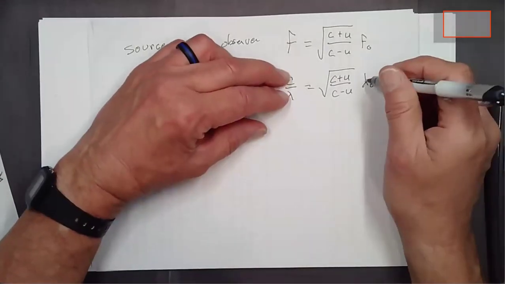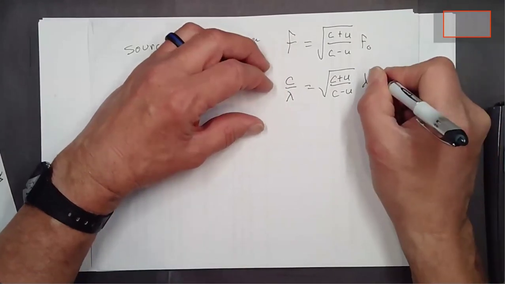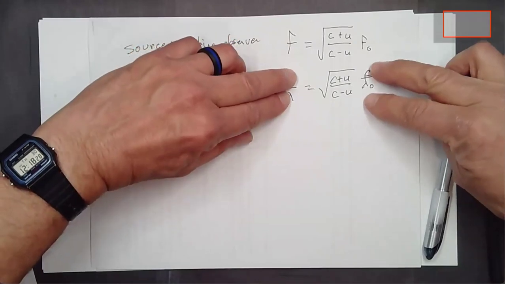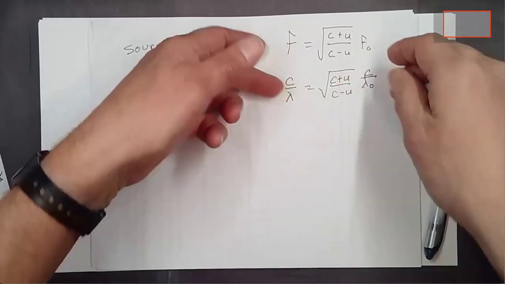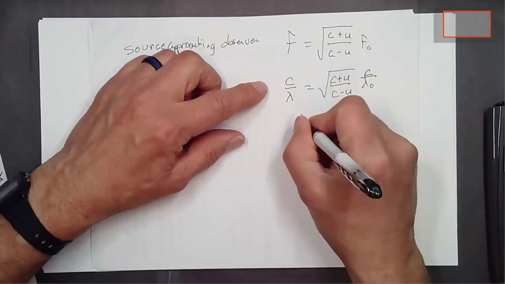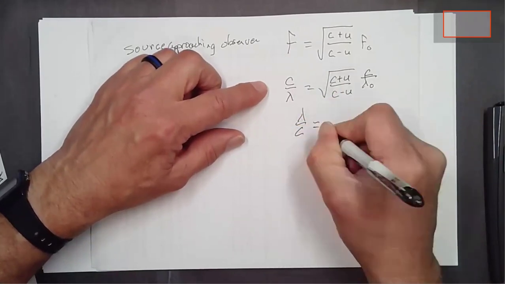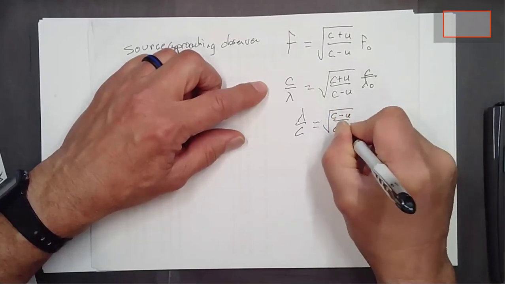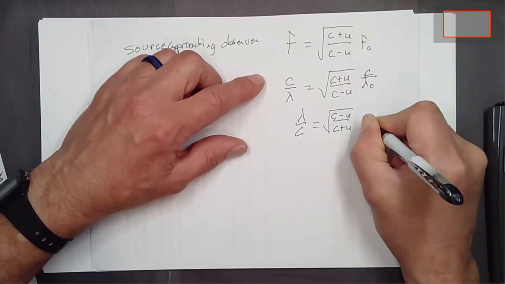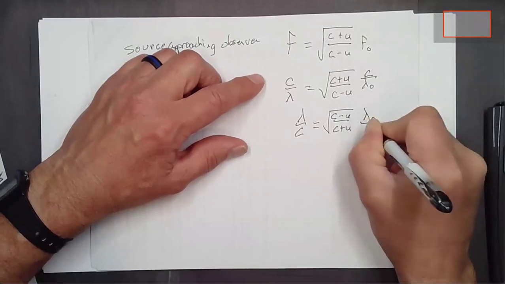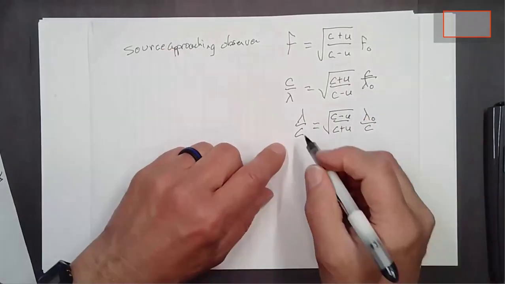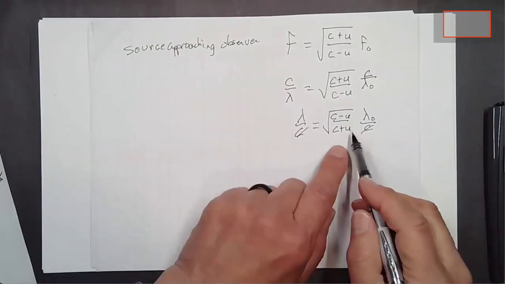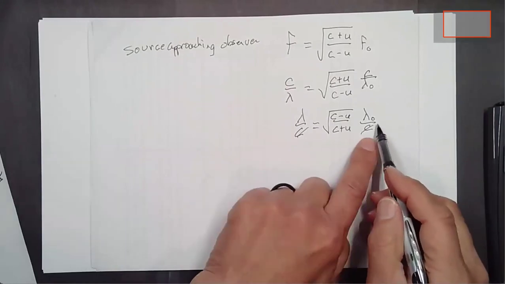We've got fractions on each side, so we can just flip everything and we get lambda over C is equal to the square root of C minus U over C plus U times lambda naught over C, and we don't need the C's, we've got them on both sides. So we just get that lambda is equal to the square root of C minus U over C plus U times lambda naught.